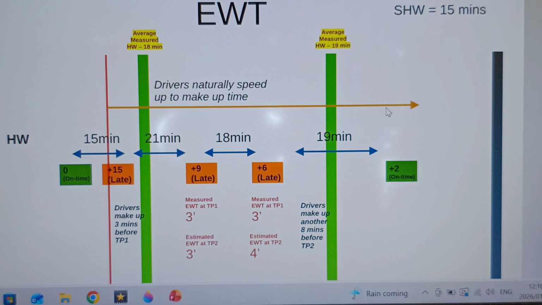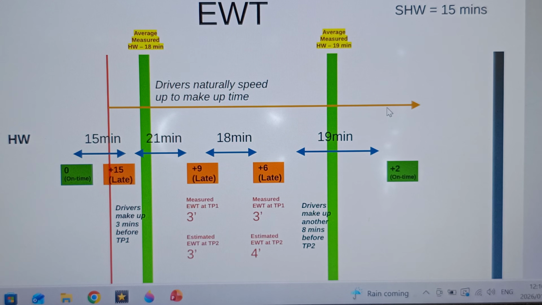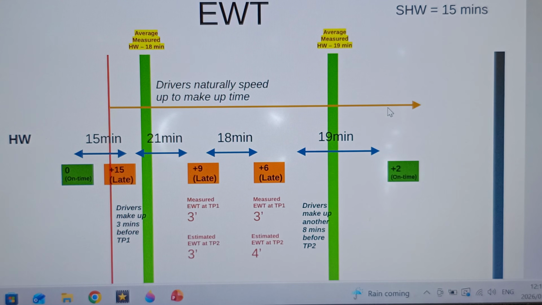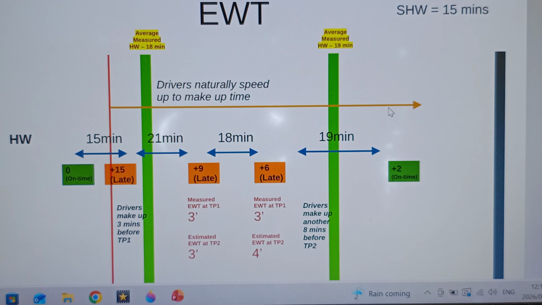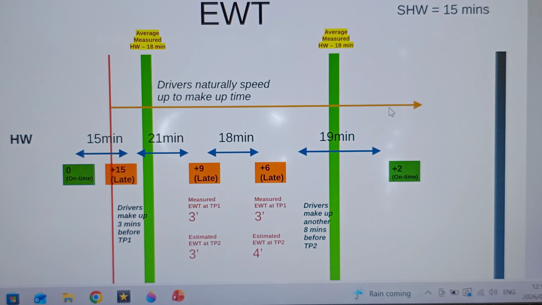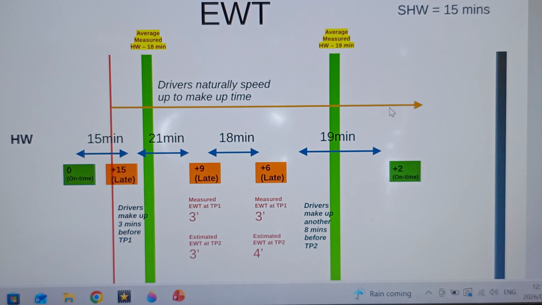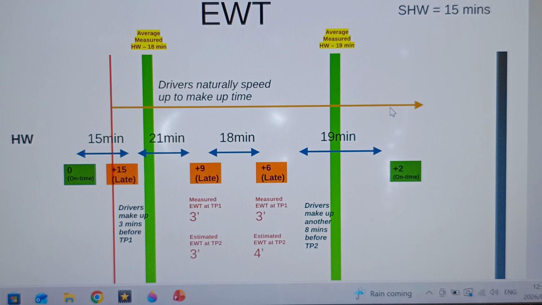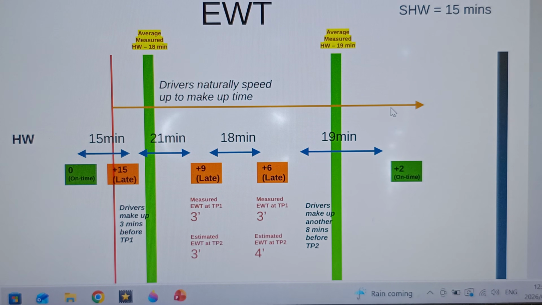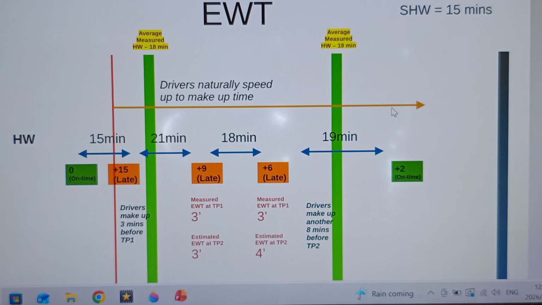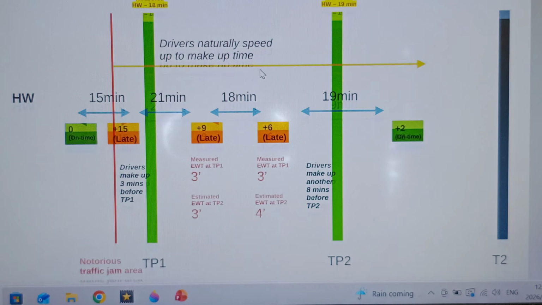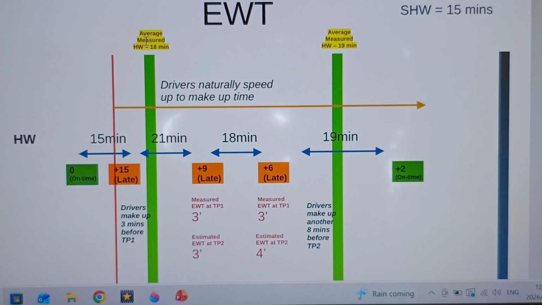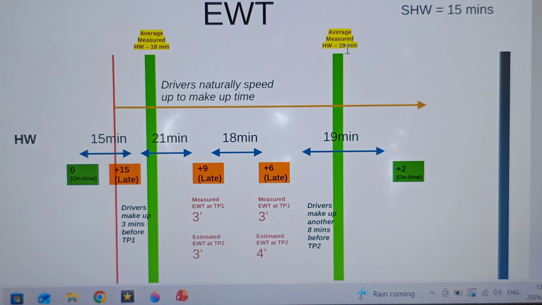Now you have EWT, which is basically the same concept as OTA. It's just that you don't really have to follow time. You could be plus minus 4 or 5 minutes. They are more lenient when it comes to deviation from schedule. Again, you would see that there is an average measured headway of 18 minutes, 19 minutes.